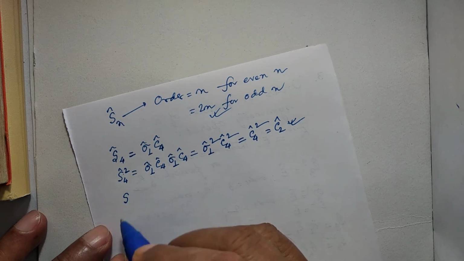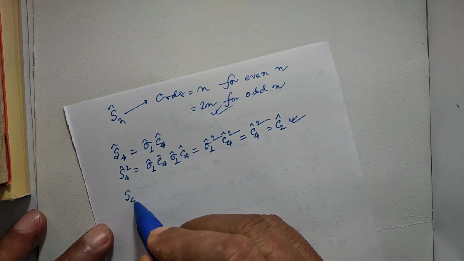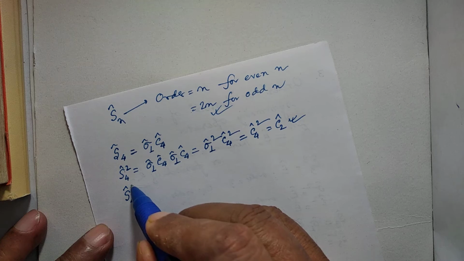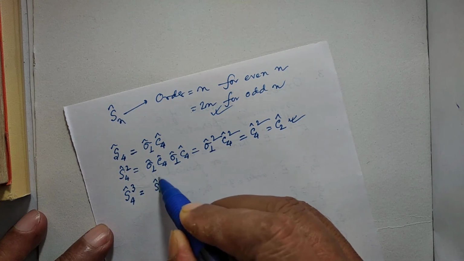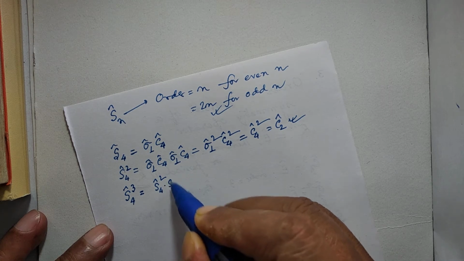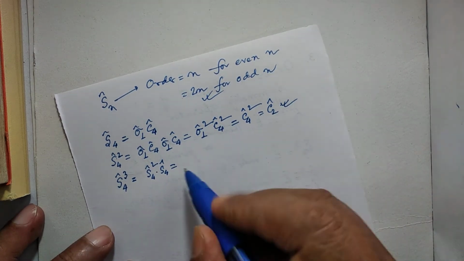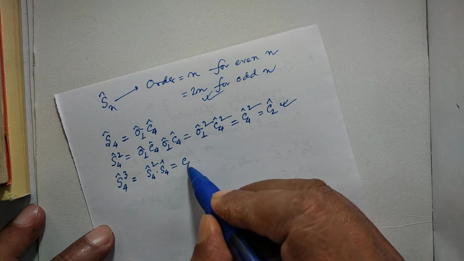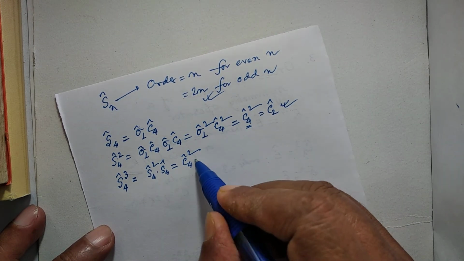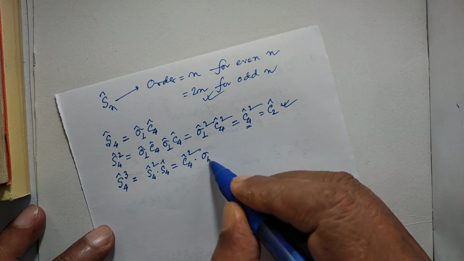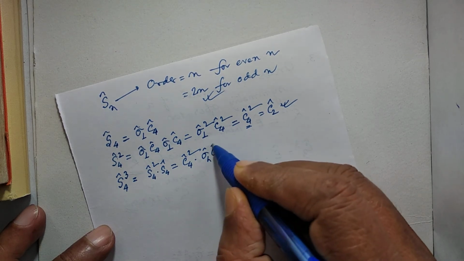We can stop only when we get E. So we have to continue. S4 to the power 3 is S4 square into S4. This is C4 square, you have got it here, C4 square into sigma h C4.